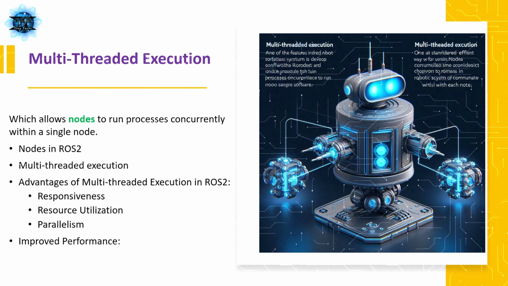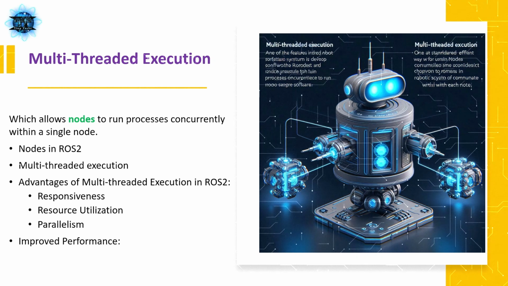Imagine a robot brain made up of different workers called nodes. Each worker is considered a node here. Each worker has a specific job, like seeing things in real time. That job is done by sensor nodes.